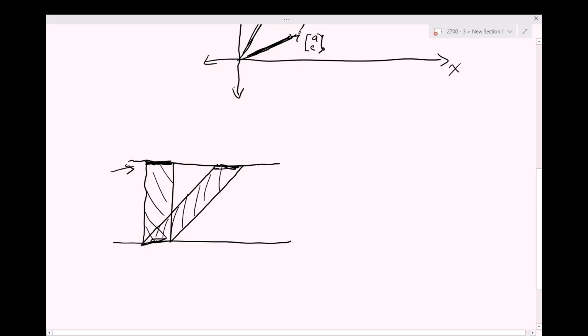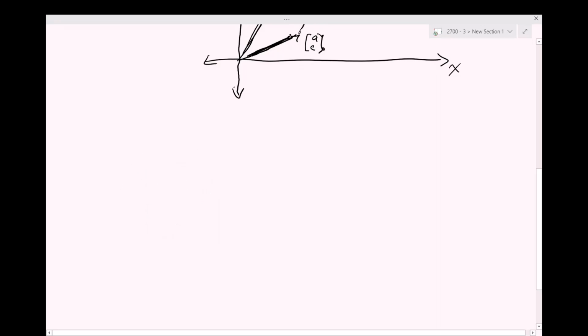If we just skew it over like that, it won't change the area. And so that's a useful piece of knowledge that we'll use to try to do this a little more easily.